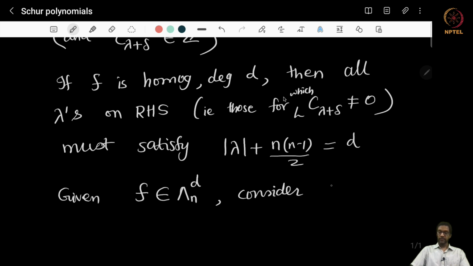We will instead consider f, which is a polynomial in the variables x, multiplied by the Vandermonde determinant, or the special alternate A delta. Doing this converts it into an alternating polynomial. So we've gone from symmetric polynomials to alternating polynomials.